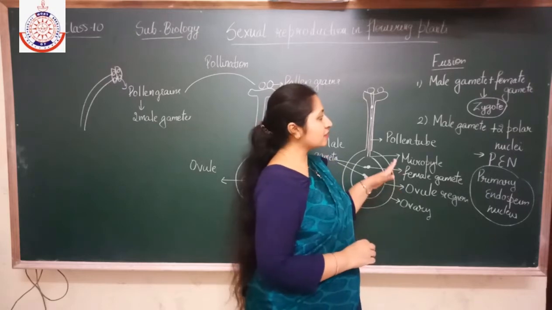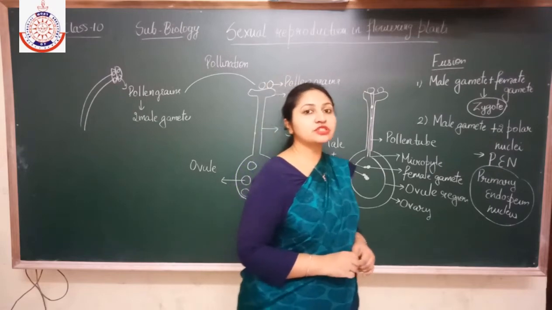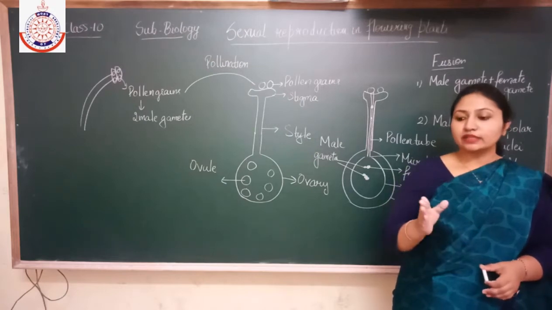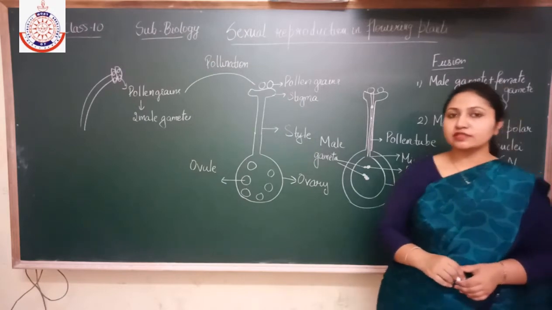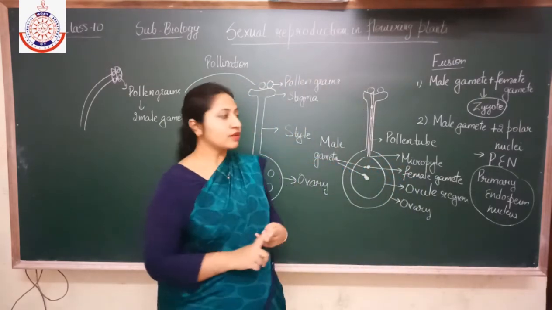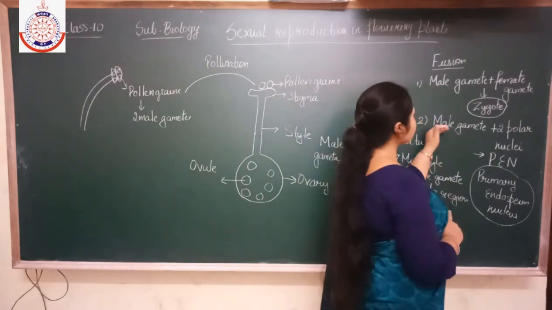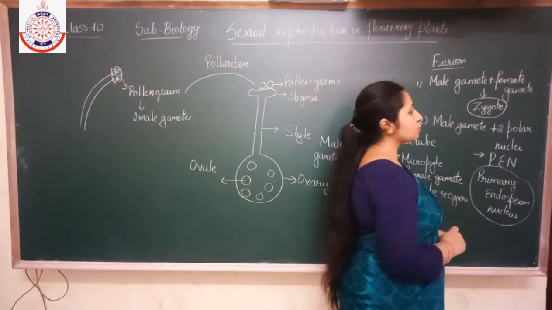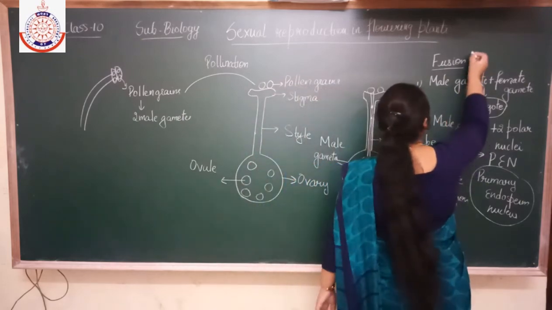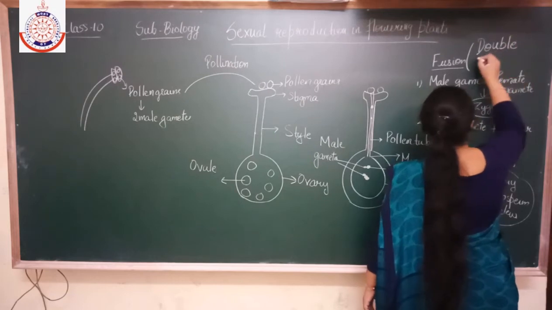These are the products of the fertilization process, and this fertilization is also known as double fertilization. Why is it known as double fertilization? Because two fusions occur: one between the male gamete and the female gamete, and the second between the male gamete and the two polar nuclei.